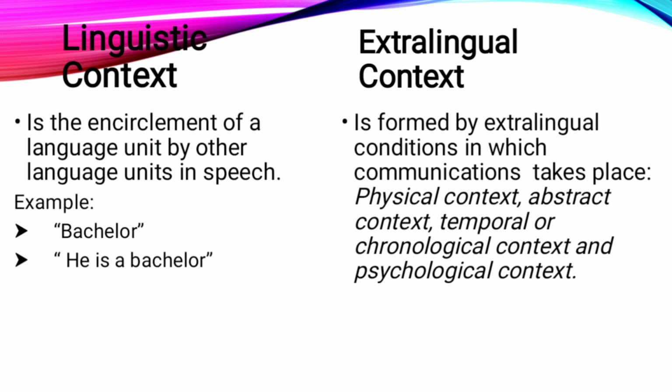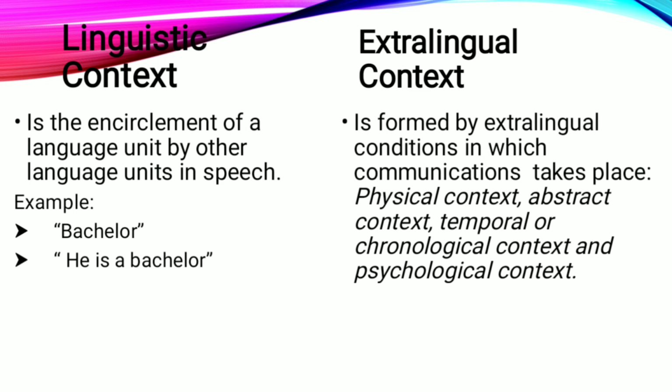So let's proceed to extralingual context. Extralingual context is formed by extralingual conditions in which communication takes place. It has four types: the physical, the abstract, the temporal or chronological, and the psychological.